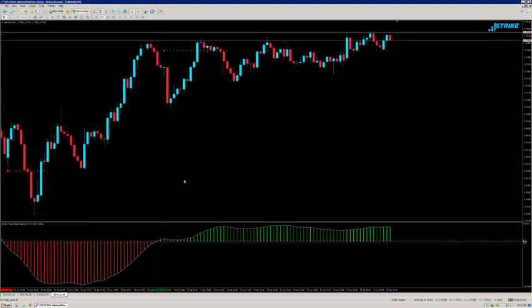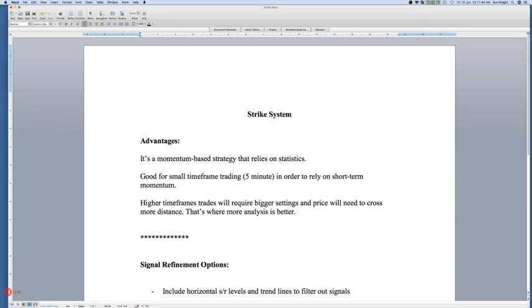So there's basically two ways that you can go about this strategy. Either you rely on the statistics of it, and you can use the system without having to really analyze very much, and just simply follow the signals that it creates, which I'll talk you through. I'll give you the details of that. And that is fine.